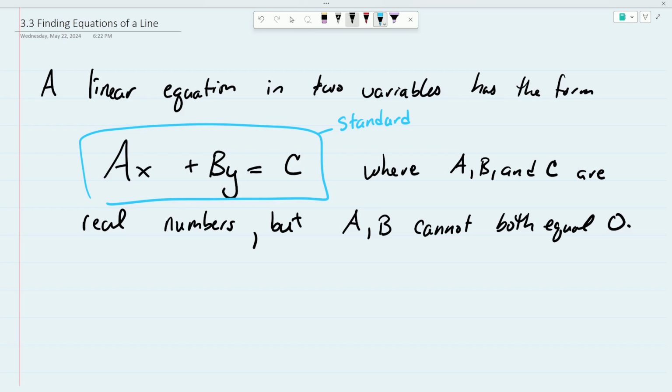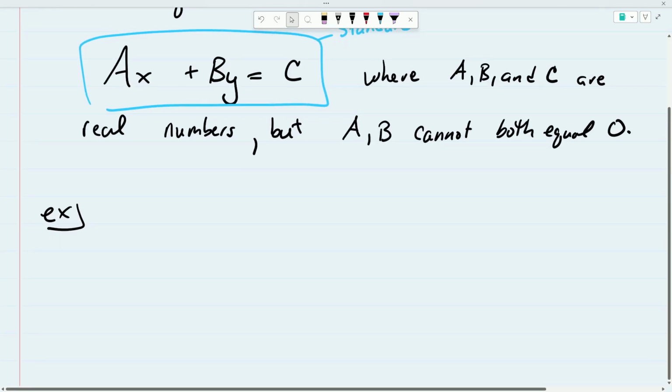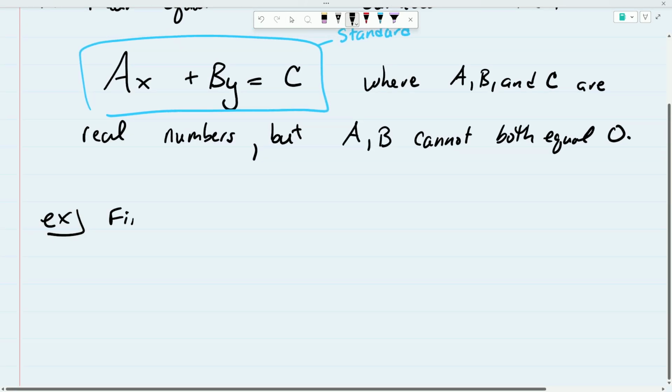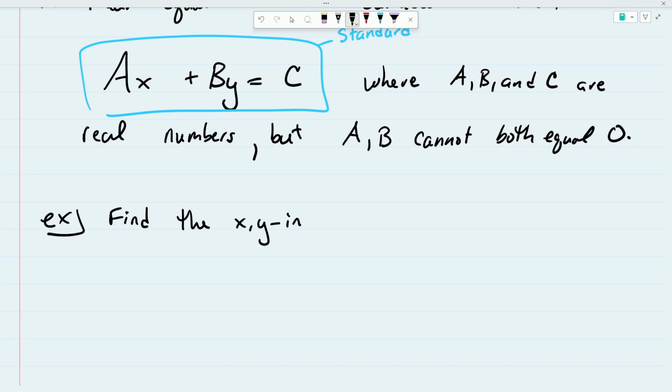Okay. So you probably saw something like this in the past where it would say something like, find the xy intercepts for 3x minus 4y equals 12.